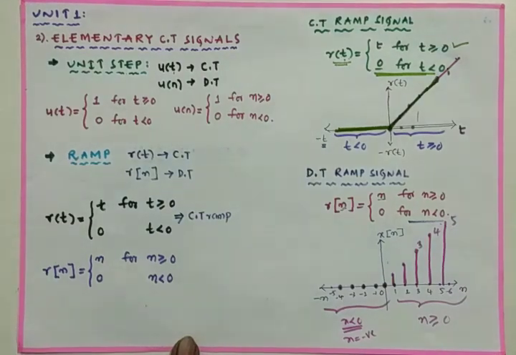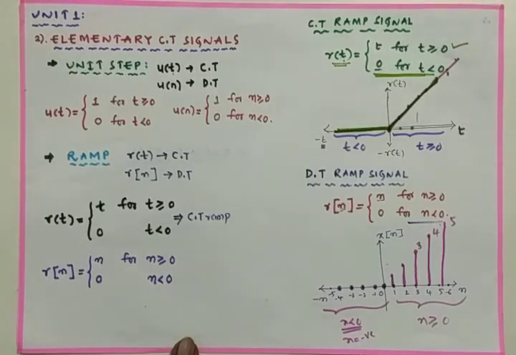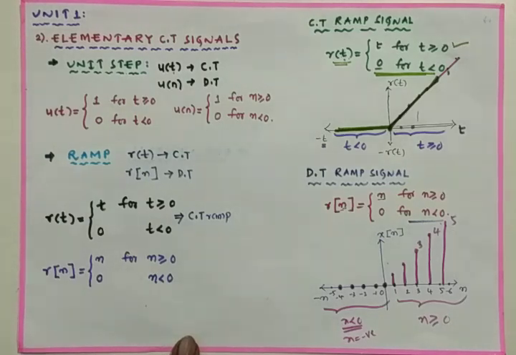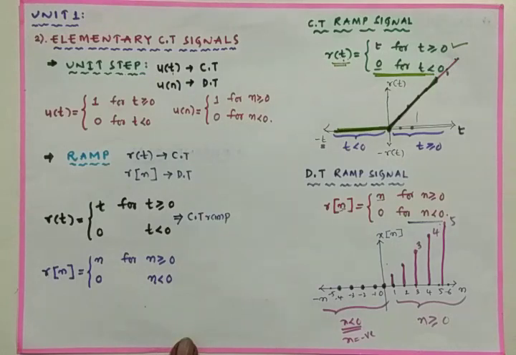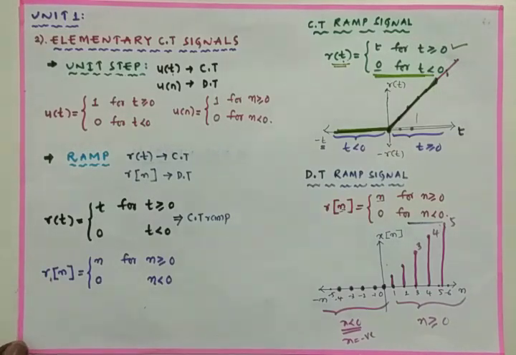It keeps on increasing linearly for all the positive values of the independent variable. And in discrete time signals also, as the integer value increases from 0 to n, the amplitude of the signal also increases from 0 to n in a linear manner, so this type of signal is named a ramp signal. The next type of signal is called the impulse signal.